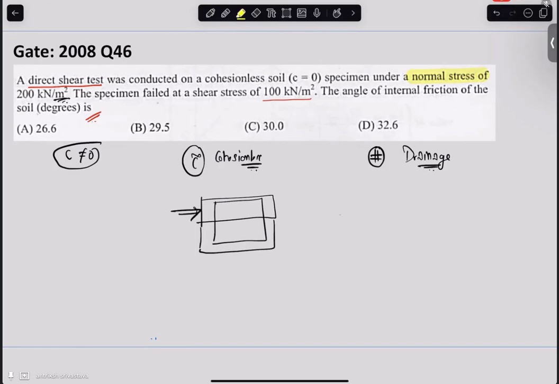So the only place where the shear failure can practically happen is this horizontal plane, and we measure the shear stress corresponding to that failure. But in real life, that will not happen. In real life, whichever is the weakest portion of the soil, the portion which receives the maximum shear stress, is going to fail first.